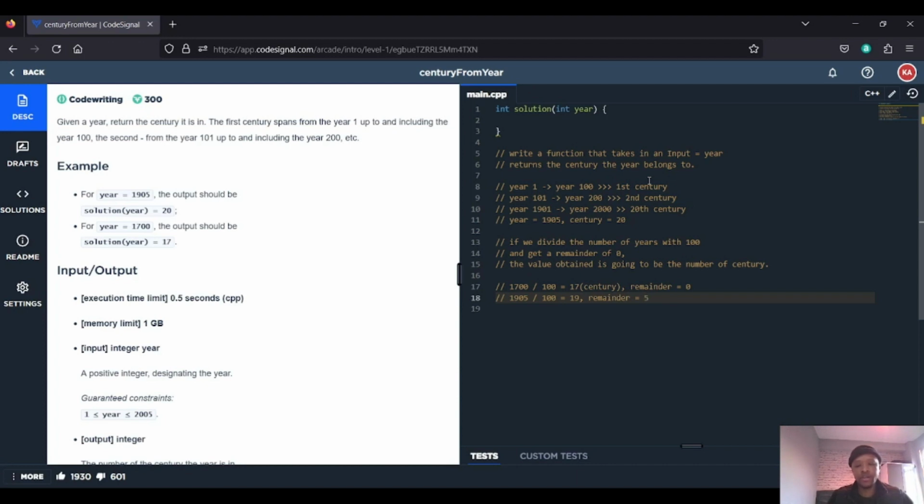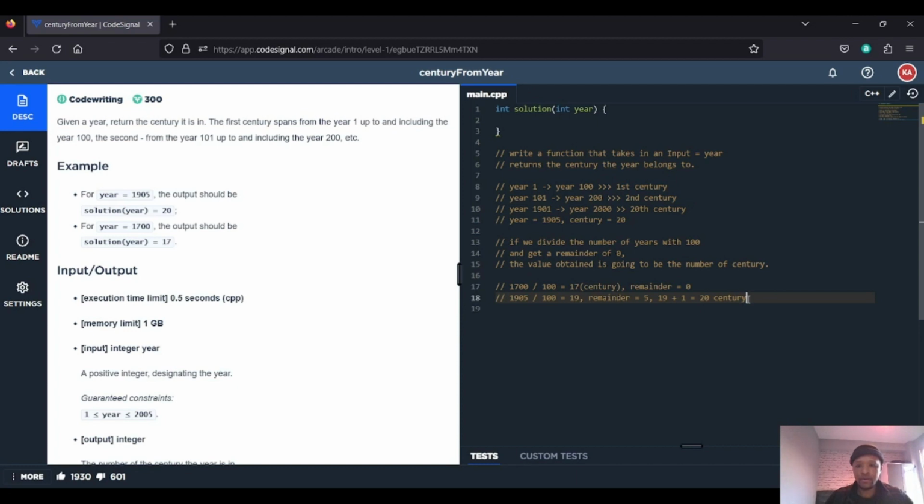So in our case here, we get a remainder. That means we have to add the value of 19 with 1 to get the number of centuries for this year. Okay, so we'll take 19 plus 1, and this will give us the 20th century.